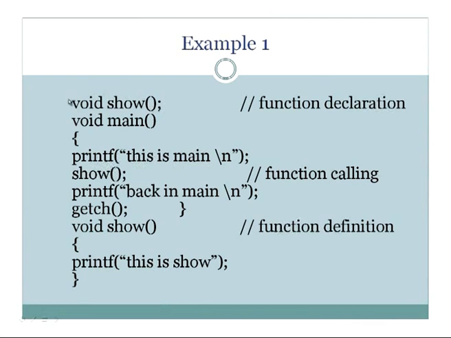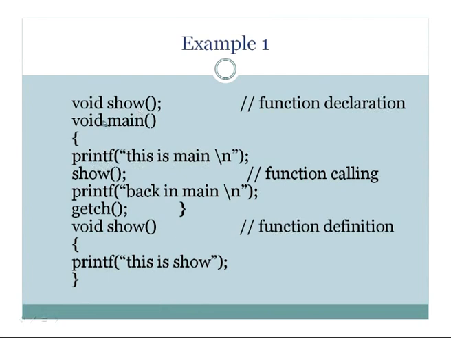This statement just instructs that later on in the program there will be a function defined with the name show, return type void and blank parenthesis. This is also called prototype of the function.